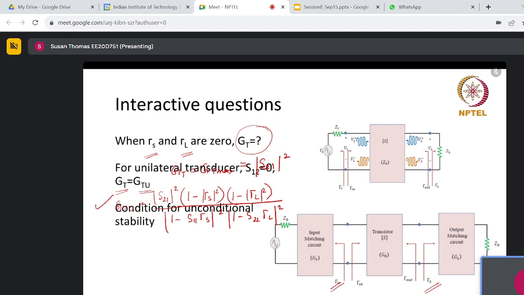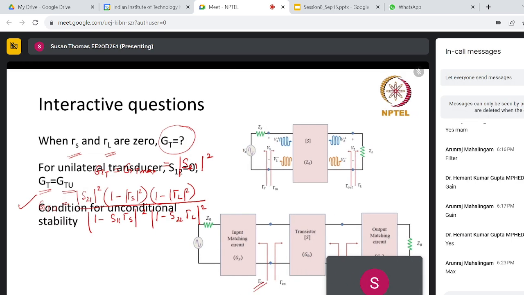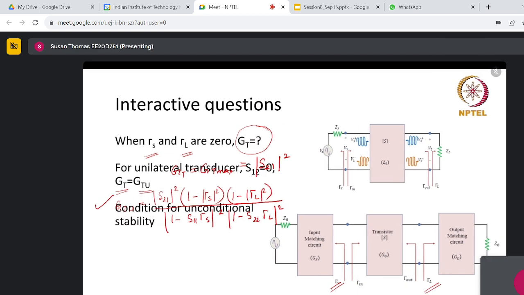In case of an amplifier, the unconditional stability condition. Mod of gamma in is less than 1. Yes, right. Mod gamma out is less than 1. So these are the conditions for unconditional stability, and this is for all passive source and load impedances.